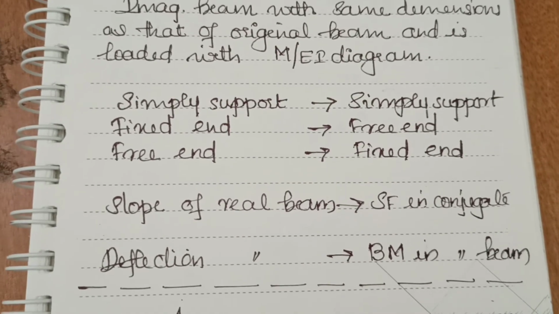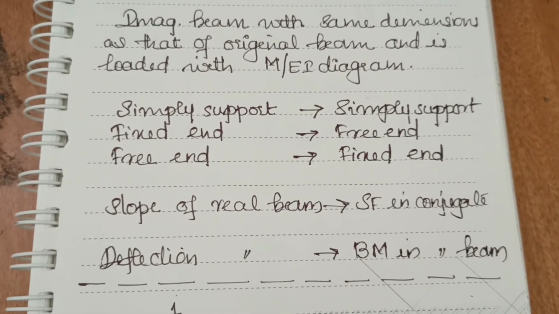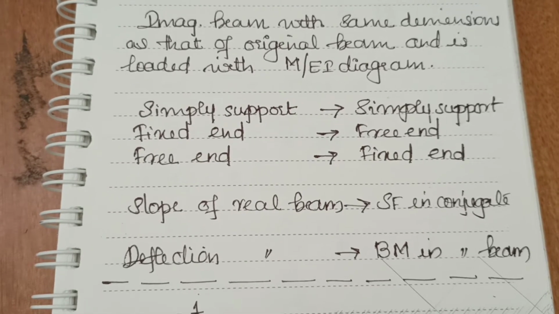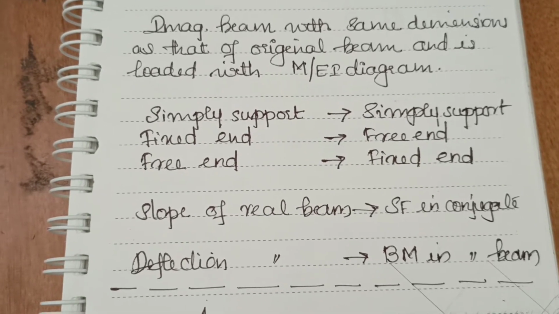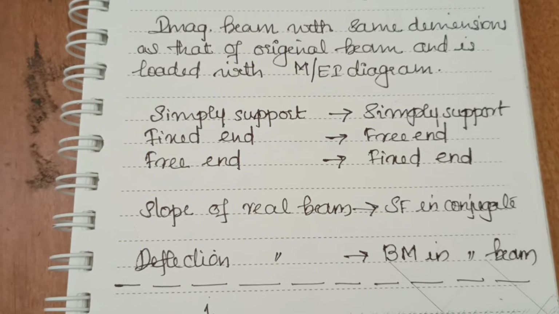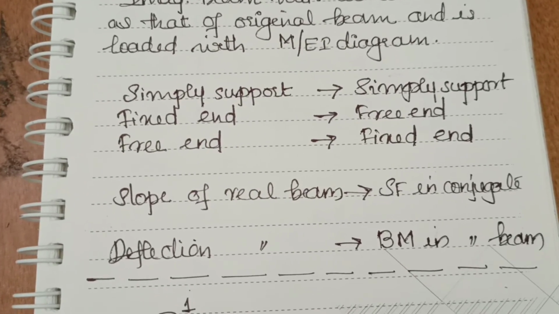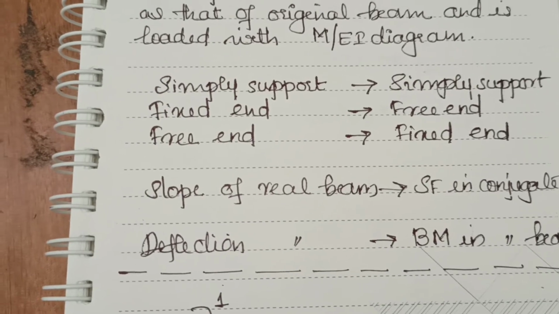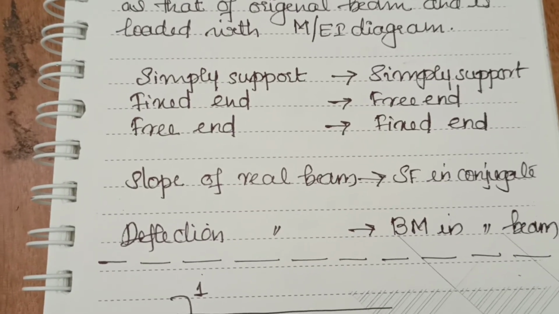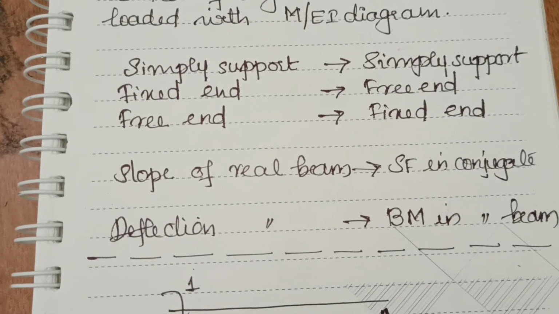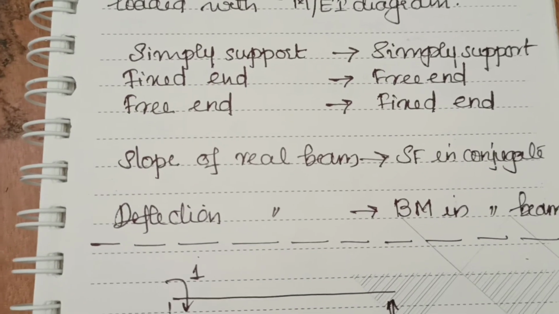That is, a beam which is loaded with M by EI diagram of a real beam is known as conjugate beam. If we find the shear force in a conjugate beam, we get the slope of the real beam. At the same time, if we find the bending moment in a conjugate beam, we get the deflection of the real beam.